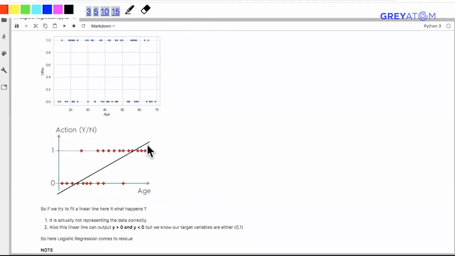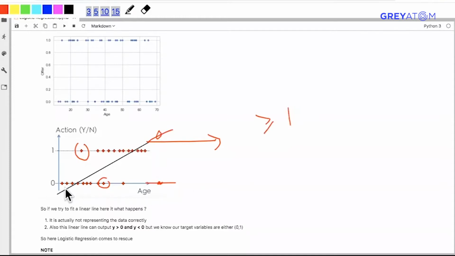First of all, this line is not correctly representing this data. Most of the data is lying here and most of the data is lying here, and this line is not doing a perfect job of representing it. And second, suppose my age is somewhere here and the line goes like this. If I predict the class, it would give me something greater than or equal to 1.